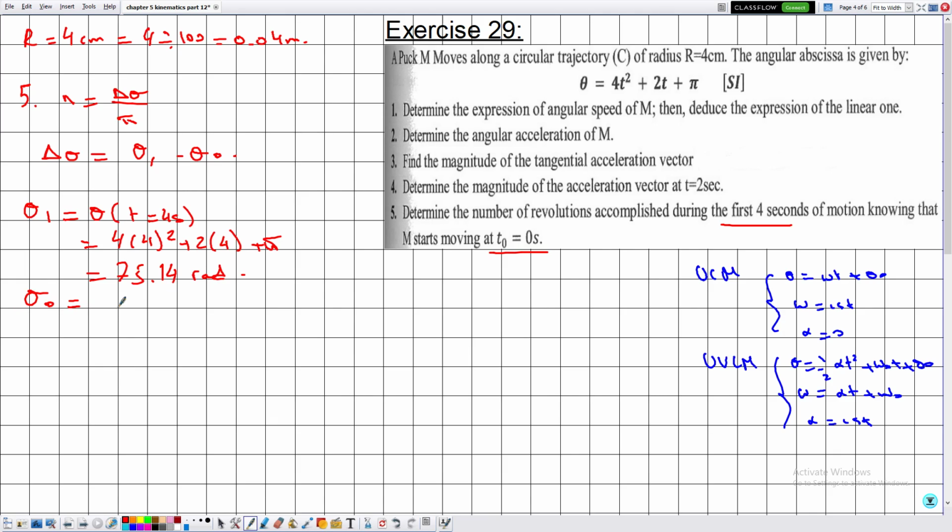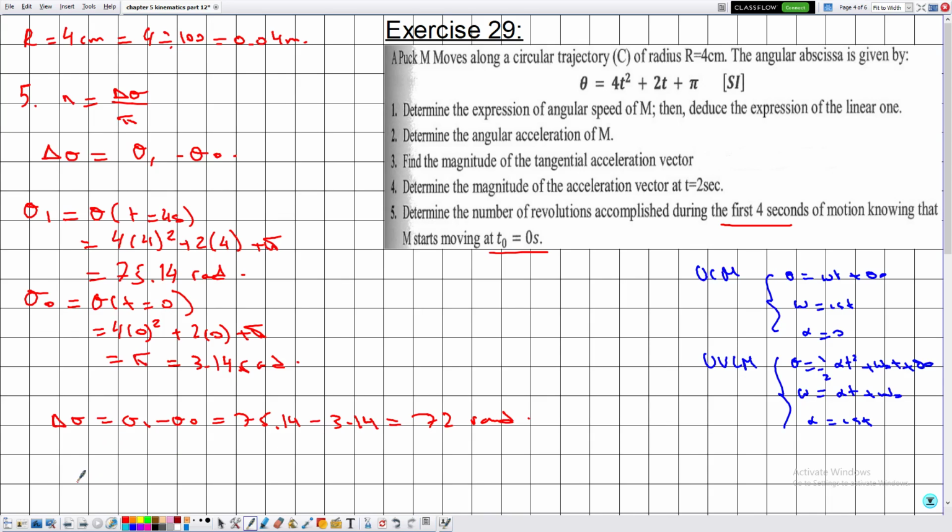As for theta 0, it is theta computed at the instant t is equal to 0, which is equal to 4 multiplied by 0 to the power 2 plus 2 multiplied by 0 plus pi, which is equal to pi, which is equal to 3.14 radians. Now delta theta is equal to theta 1 minus theta 0, which is equal to 75.14 minus 3.14, which is equal to 72 radians.